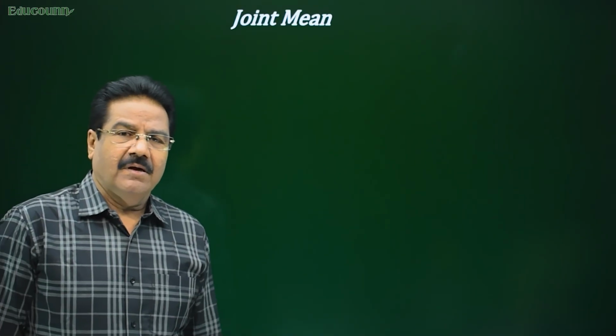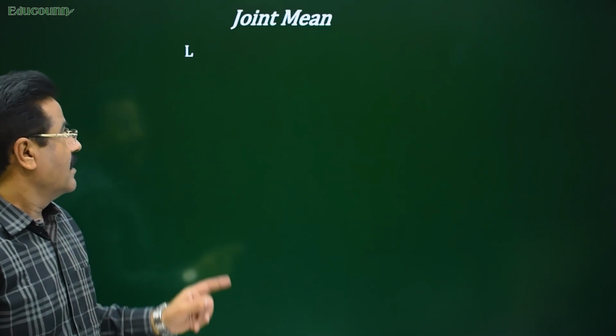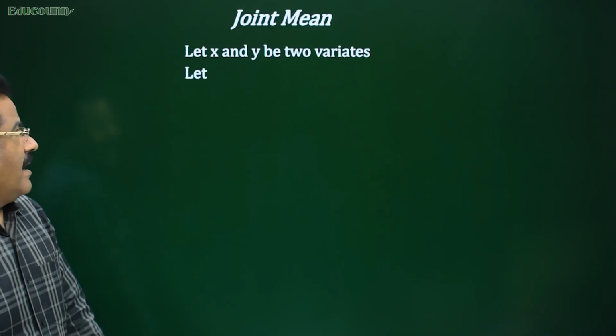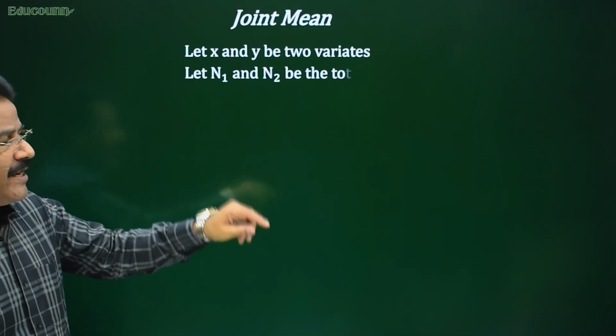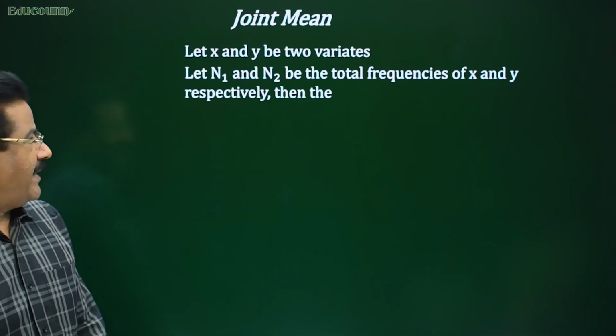Joint mean means it is mean of two different variates. So let x and y be two variates. Let n1 and n2 be the total frequencies of x and y respectively.